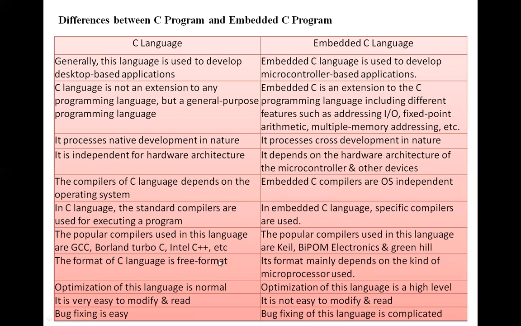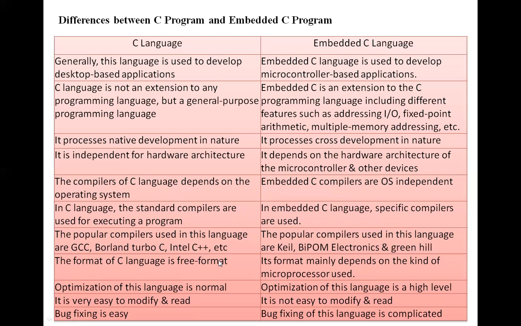But for the ARM7, the compiler needs to be built in with that operating system, and the ARM processor libraries should be included with that compiler. Then only you can use it for the ARM7 controllers, right? So that's why I have mentioned this point: its format mainly depends on the kind of microprocessor used, right?